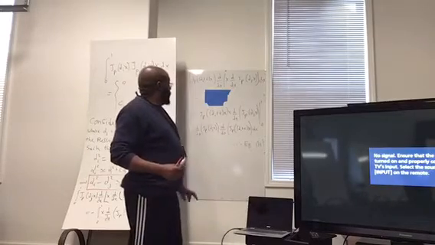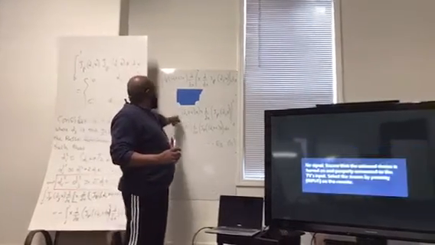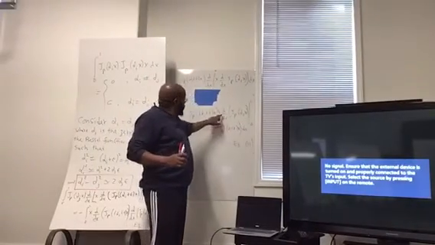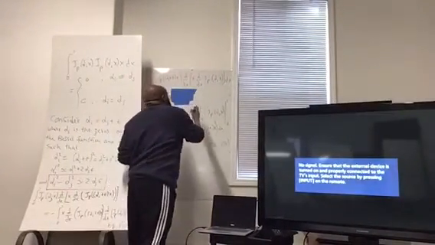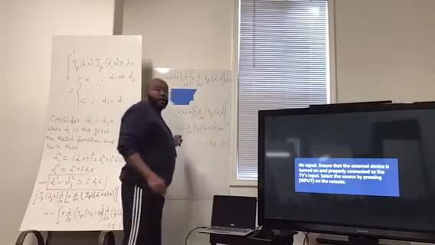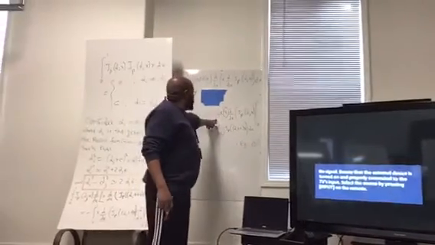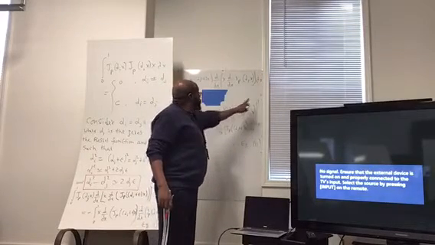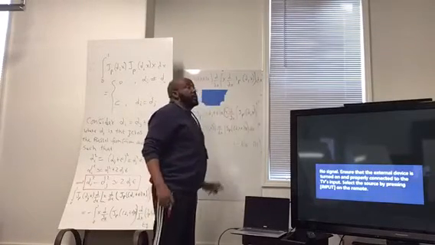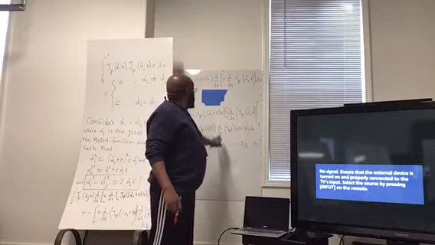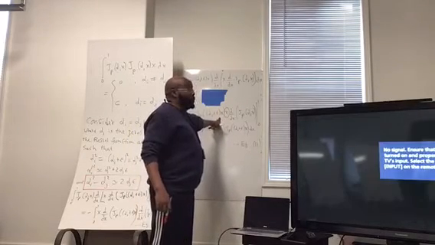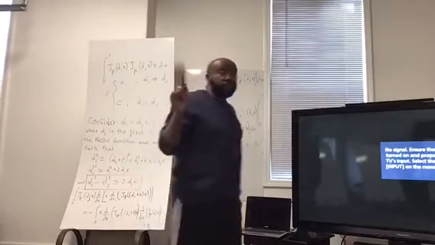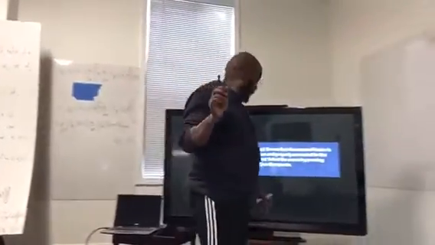Now when you evaluate this at x equals 0, it's still going to be 0. But at x equals 1, the upper limit, it won't be 0. So what we can write for this is going to be, follow me.